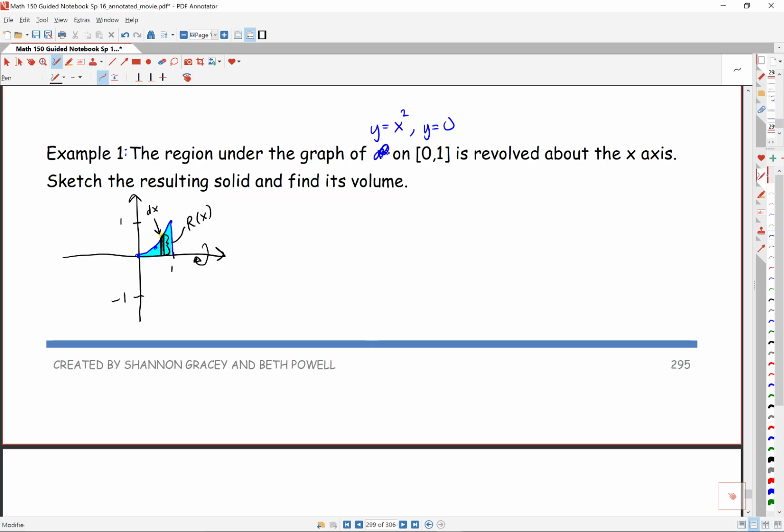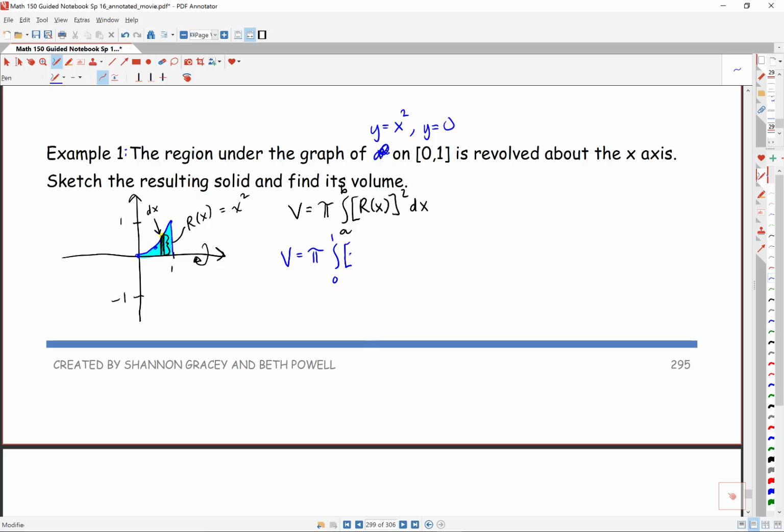So, in general, our volume is equal to pi times the integral from a to b of capital R at x squared with respect to x. And putting in the information from our problem, we'll have the volume as pi from 0 to 1 because it's about x, and we're going to have x squared squared with respect to x.